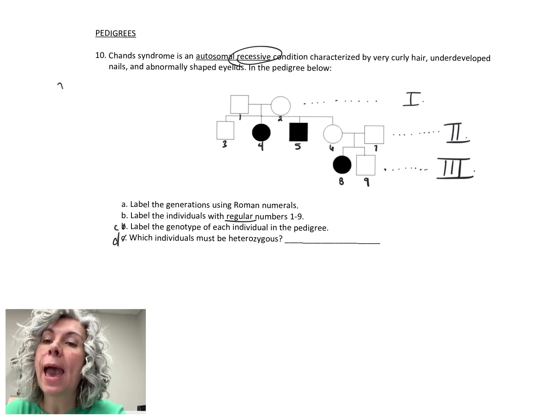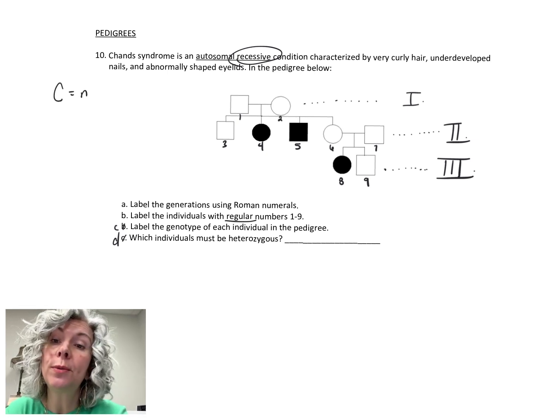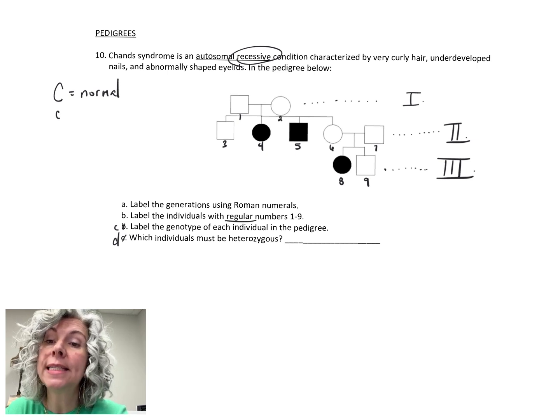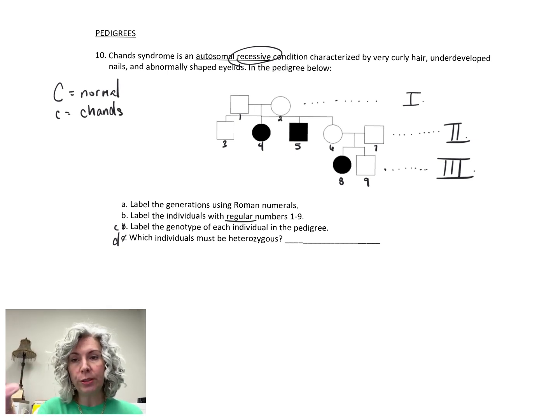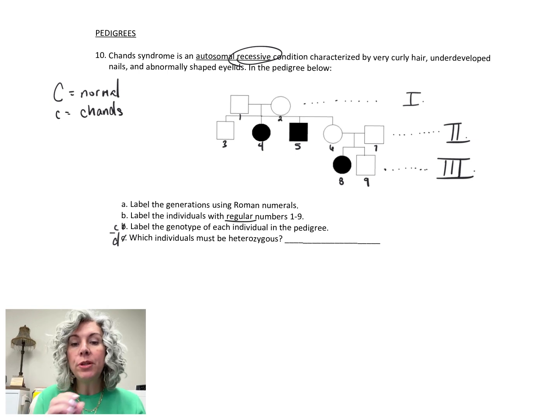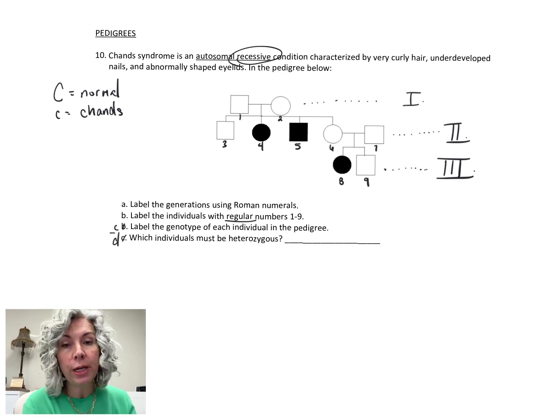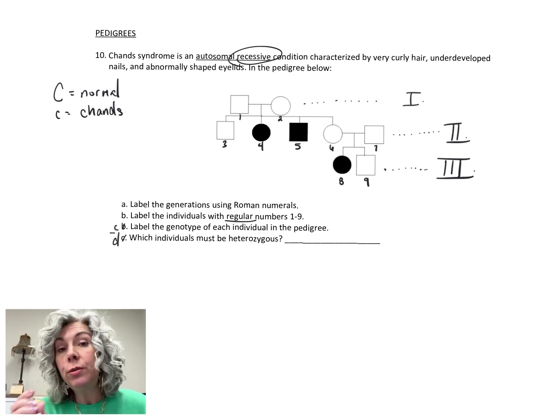Capital C equals normal, and lowercase c equals Chan's. Okay, so there's our little key. Now, letter C, back down here, asks us to label the genotype of each individual in the pedigree. All right, we don't know.